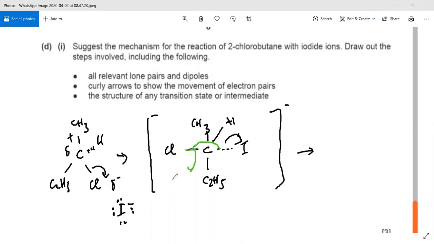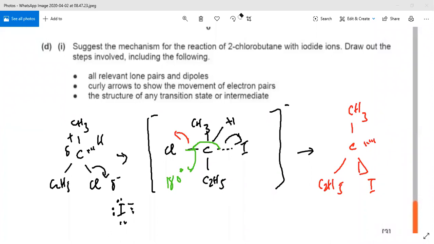So it is actually 180 degrees because that's what happens on the scale of the molecule. Then this one breaks. All right, so let me put another color. So this one later will break. And then you'll have the same CH3, C2H5, and then you have an I, and then H. Excuse me, so this is actually H.